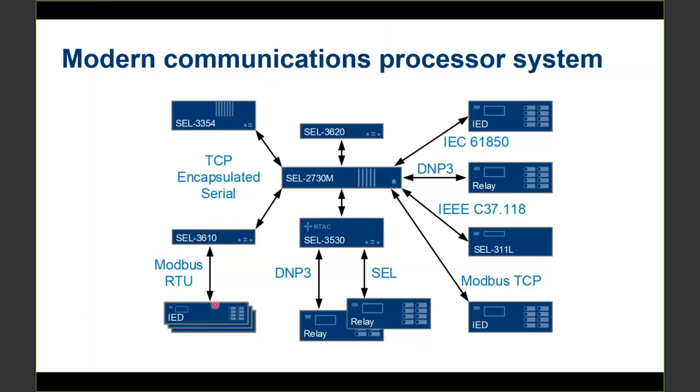When the relay responds, the 3610 will encapsulate this message and send it to the 3530 through the Ethernet network. The 3610 can also provide time synchronization on the serial ports as well.